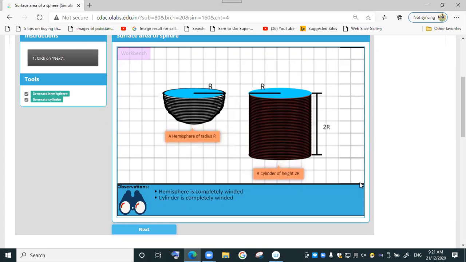So we use two bundles of thread to wind the cylinder compared to the hemisphere, where we use only one bundle. That means it is double. The surface area of the cylinder is double the surface area of the hemisphere.